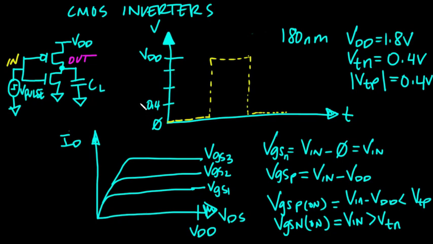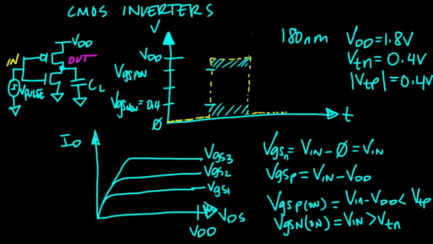That's useful for us to think about, because now we have an idea that when I transition past this point, I'm turning on the NMOS device, and when I transition past this point, I'm turning off the PMOS device. So anything up here, the PMOS is off, and anything down here, the NMOS is off.